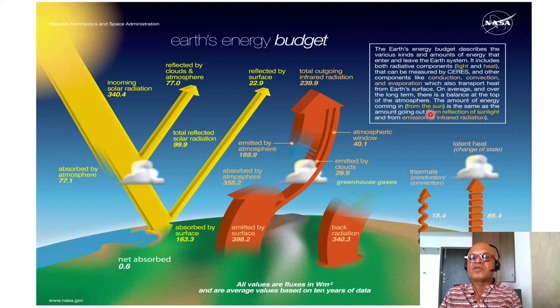On average and over the long term, there is a balance at the top of the atmosphere. The amount of energy coming in from the sun in yellow is the same as the amount going out from reflection of sunlight and emission of infrared radiation. Okay, I hope that kind of seals the deal in terms of what really happens in nature.